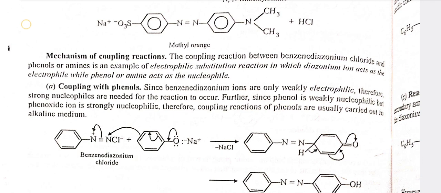The coupling reaction between benzene diazonium chloride and phenols or amines is an example of electrophilic substitution reaction, in which diazonium ion acts as an electrophile while phenol or amine acts as nucleophile.